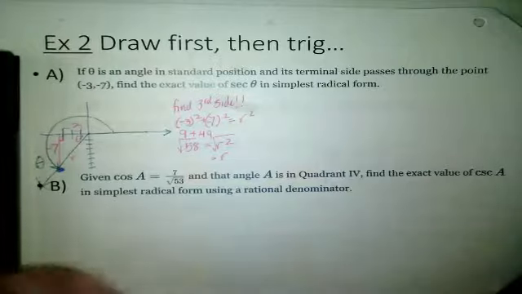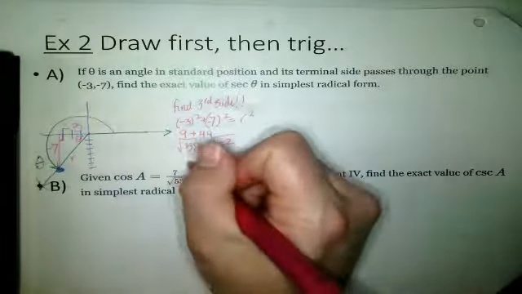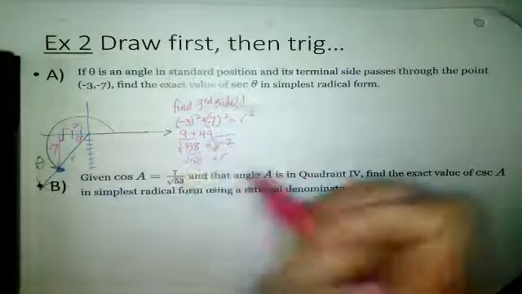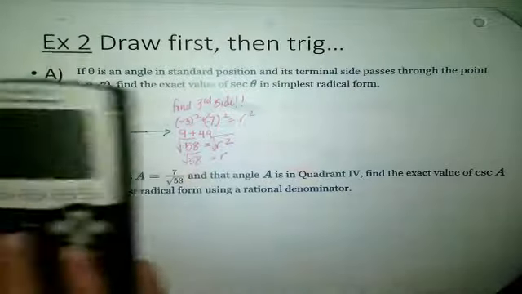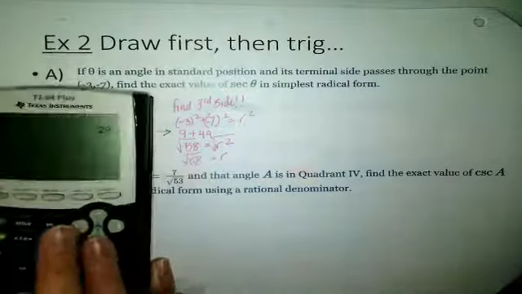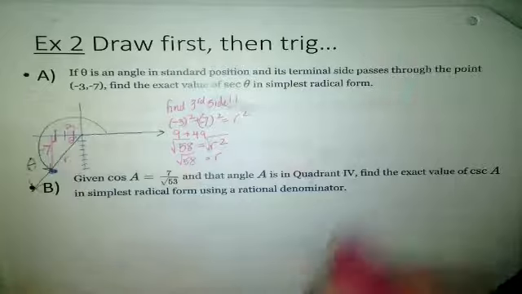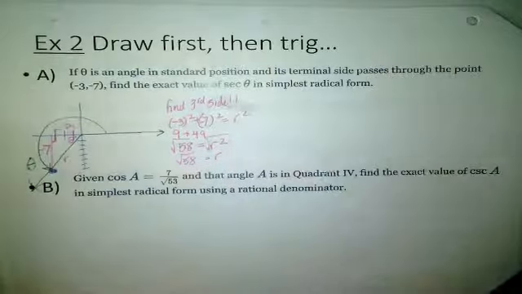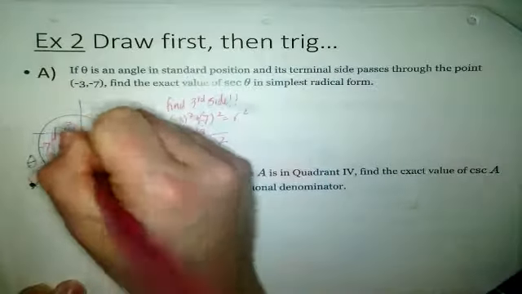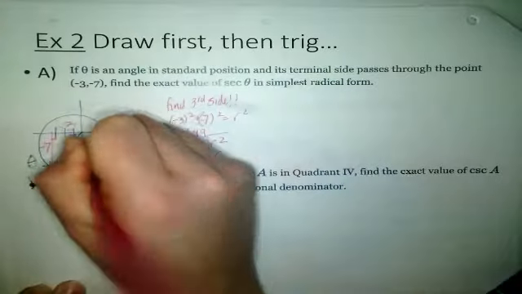Oh, it's not prime, of course. It's divisible by 2. Radical 58 is 2 times 29. 29 is prime, and 2 is prime, so there are no squares that can come out. So this radius is the square root of 58.